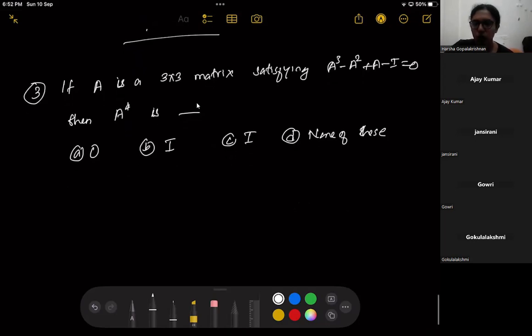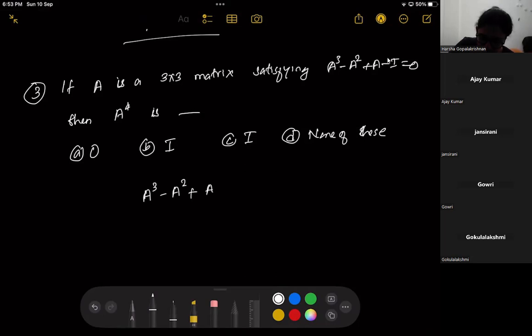Any idea how to start using this? We can multiply that equation with A. Yes, correct. It is given that A cube minus A square plus A minus I equal to 0.